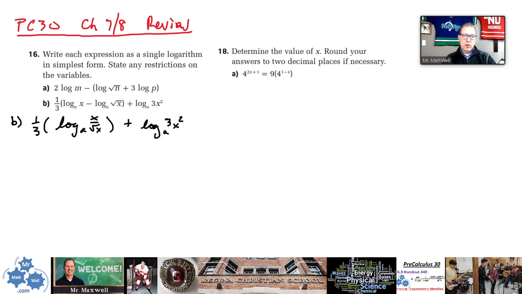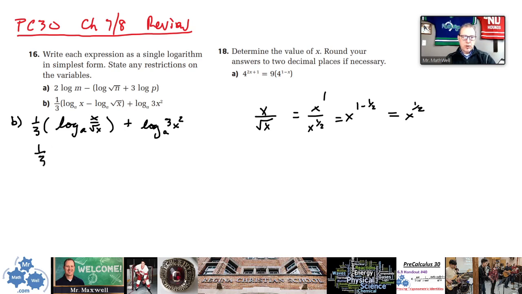Now, this simplified, x over root x is equal to x to the 1 divided by x to the 1/2, which is equal to x to the 1 minus 1/2, or x to the 1/2. So this x divided by root x is root x.